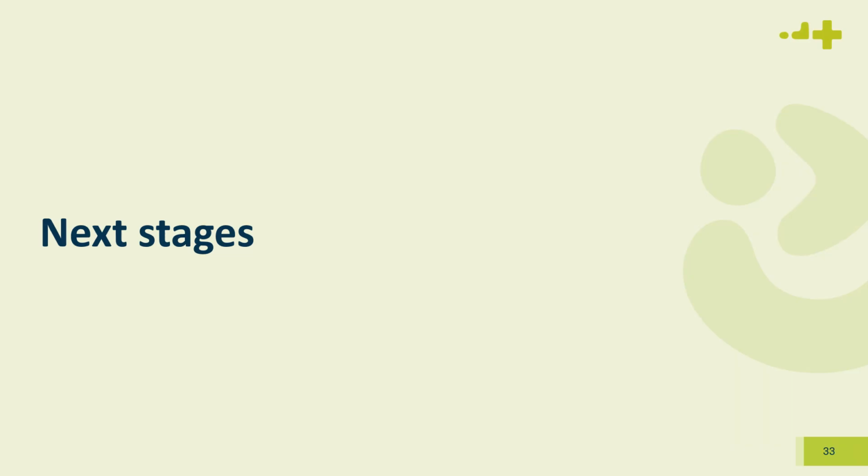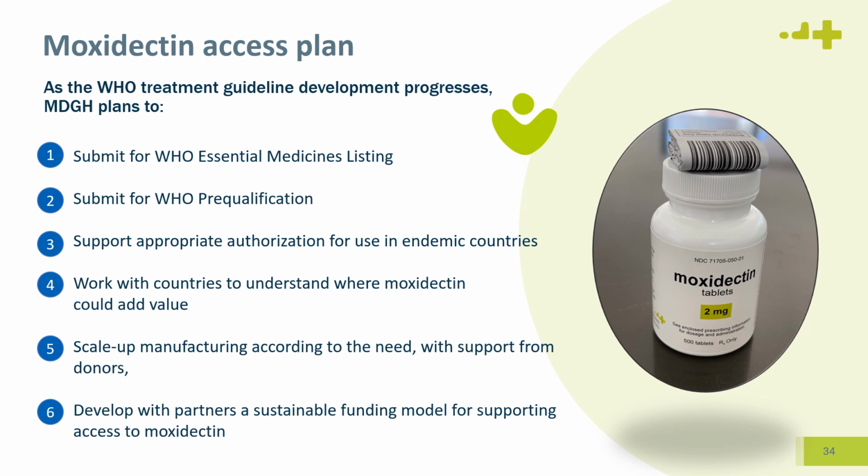So what are the next steps for medicines development to facilitate access to Moxidectin in endemic countries? You may be aware that the World Health Organization recently triggered the process for the development of treatment guidelines for treatment of onchocerciasis and lymphatic filariasis with Moxidectin. In parallel with that activity, Medicines Development is planning to undertake a number of steps to make Moxidectin accessible and available to endemic countries.